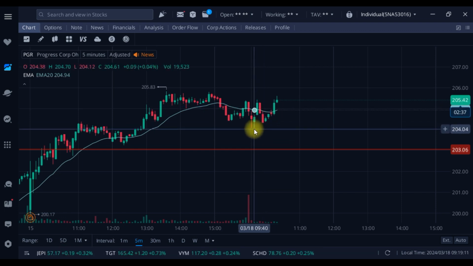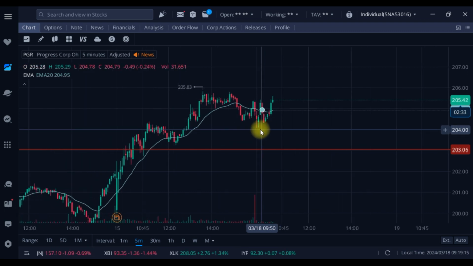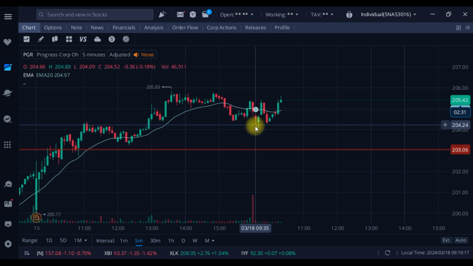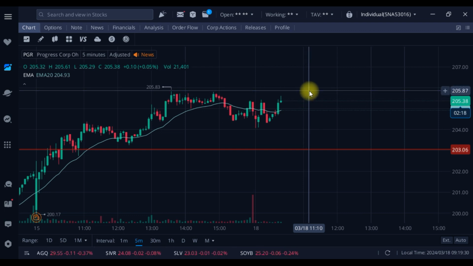I don't actually think that many bulls have their stop losses here, but if any bulls did have stop losses there, they weren't triggered. Maybe some bears would have a stop loss there. Not very many. Most of them are just going to be above here.